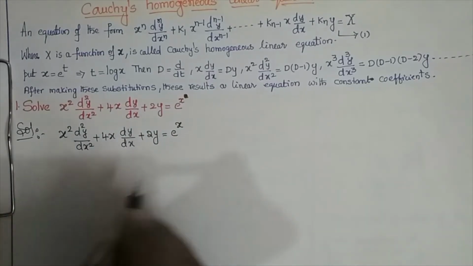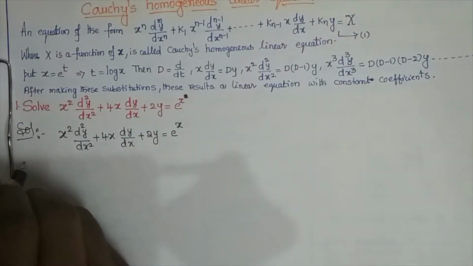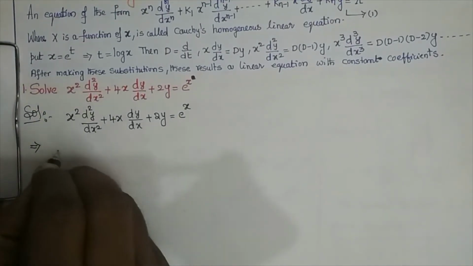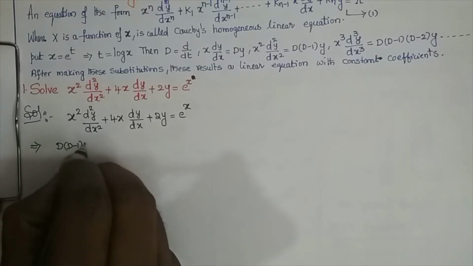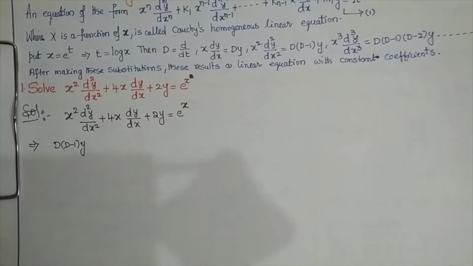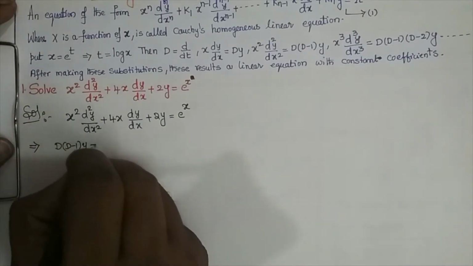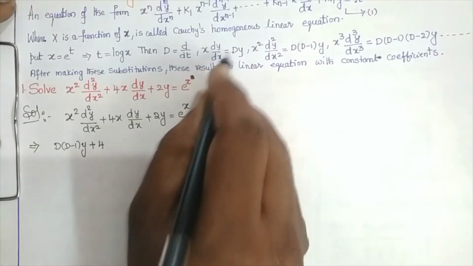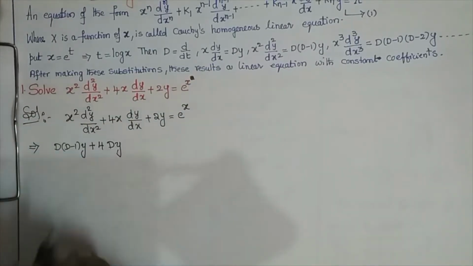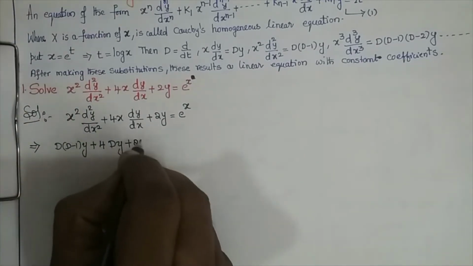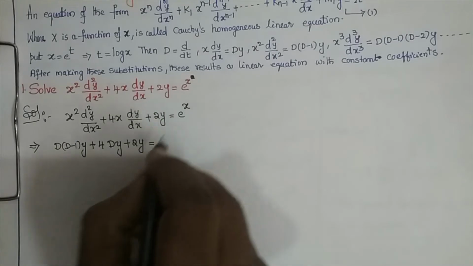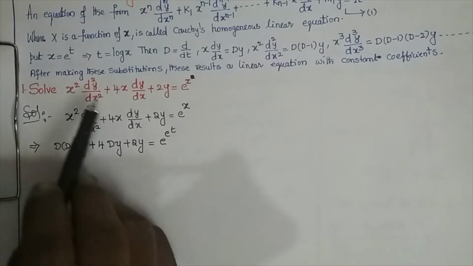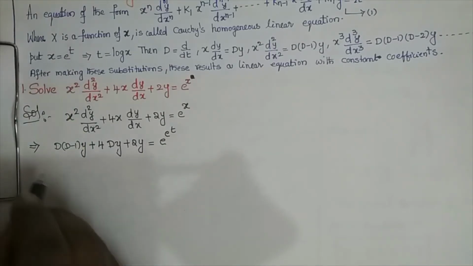It can be converted using these substitutions: D(D-1)y + 4 x dy/dx, which is Dy, + 2y as it is, and e^x can be converted as e^t, because x = e^t.